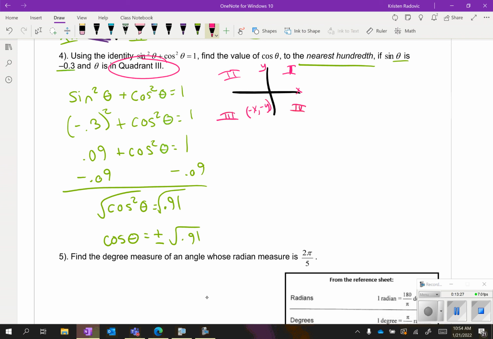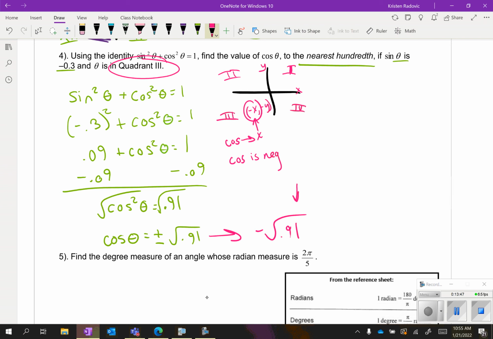Now we're talking about cosine, and cosine pairs with x. Now x is negative, which means cosine is also negative. So I'm only going to choose the negative value, negative square root of 0.91.